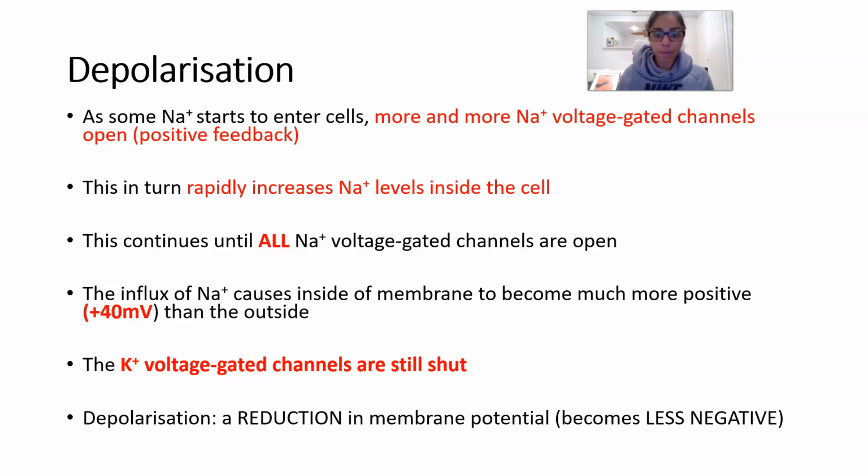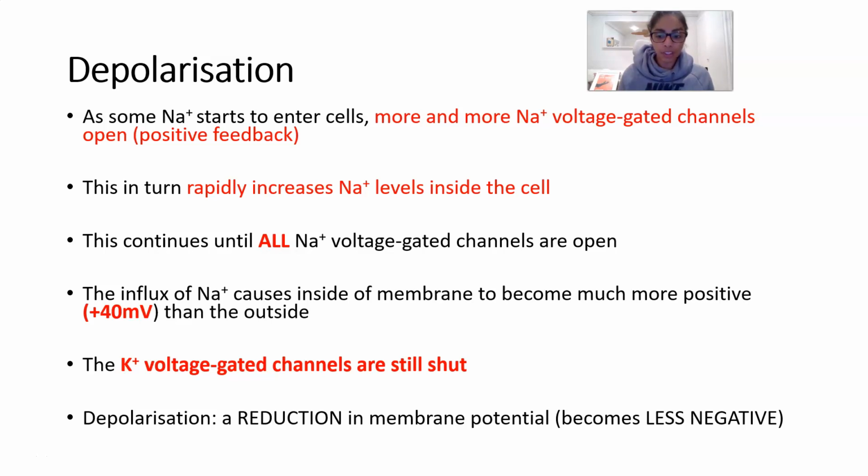This will rapidly change the charge on the inside of the cell. As we get more and more sodium entering, all voltage-gated ion channels will start to open. This will result in the inside of the membrane becoming more positive than outside, so we have reached peak depolarization, or plus 40 millivolts.